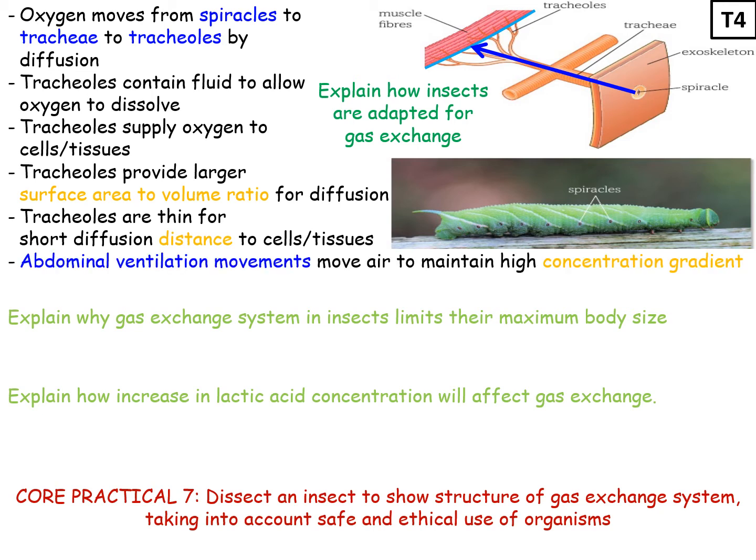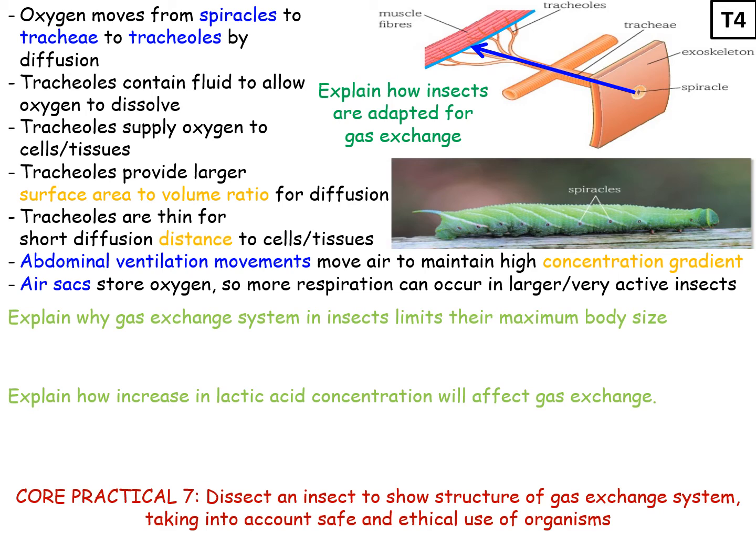And then to increase the concentration gradient, the abdominal ventilation movements of the insect move the air that is surrounded, and that maintains a high concentration gradient. Larger insects need to do more respiration, or any insect that is very active also needs to do more respiration. So those organisms are adapted because they have got air sacs that store energy.